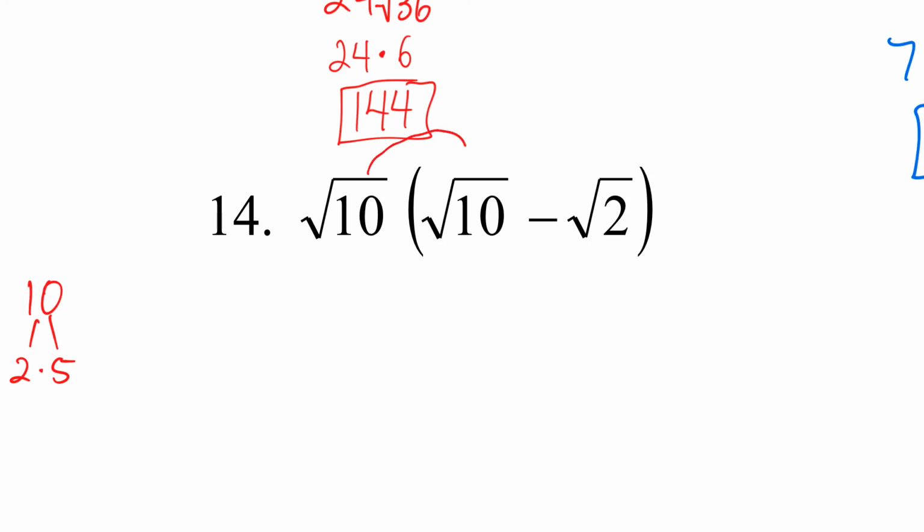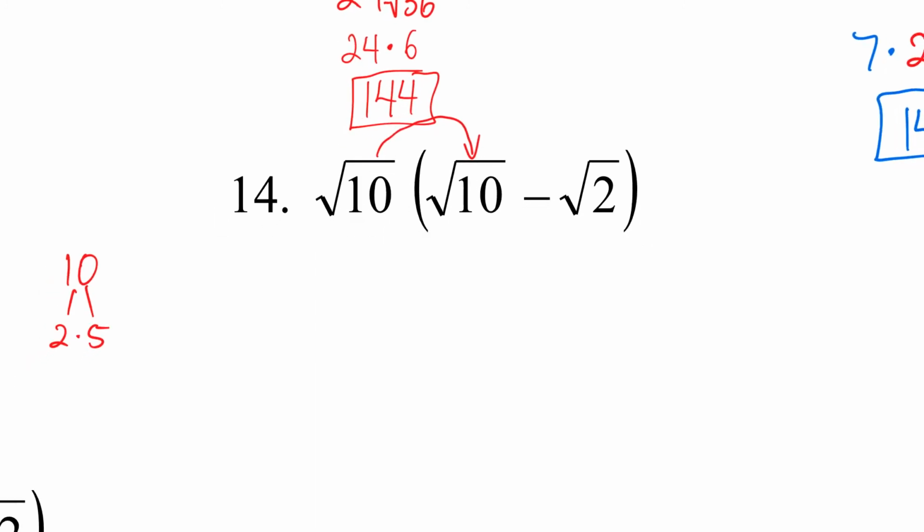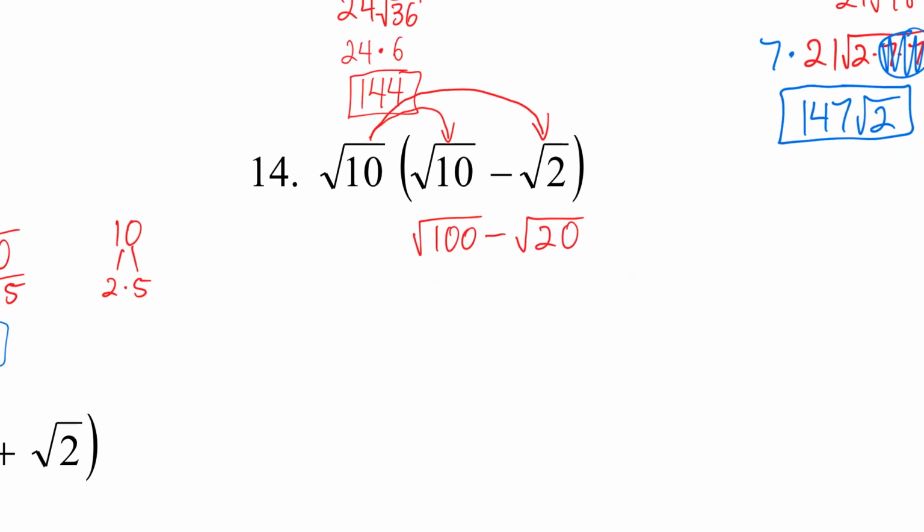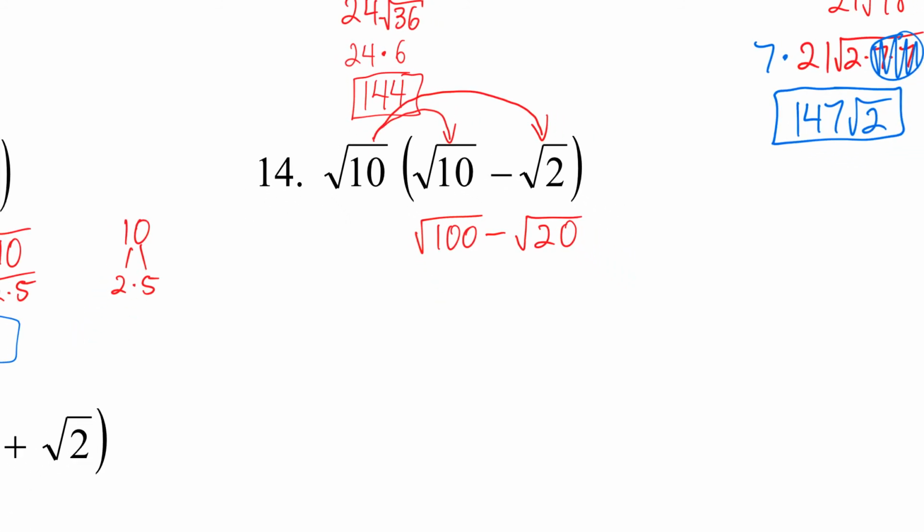Okay, number 14. What's square root of 10 times square root of 10? Square root of 100. And then what's square root of 10 times negative square root of 2? Negative square root of 20. Okay, so what's square root of 100? It's 10. We could do all the work on that, but it's just a perfect square.